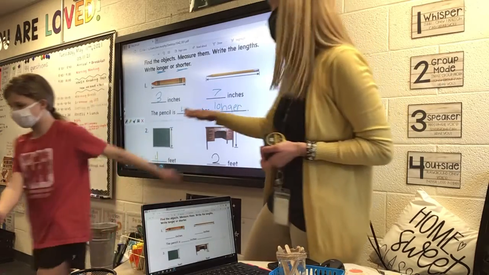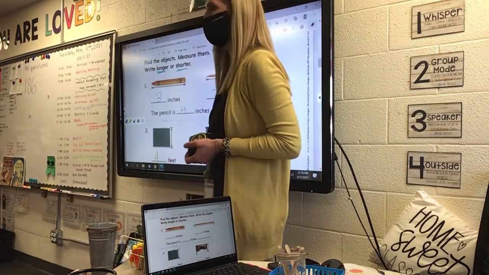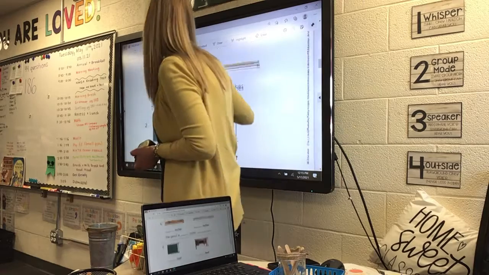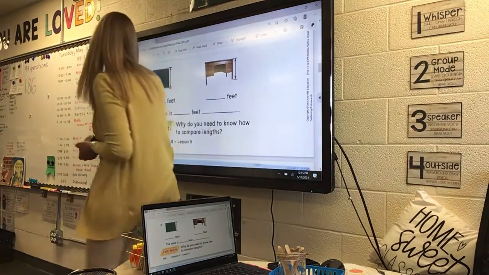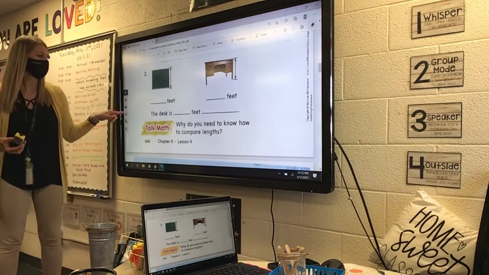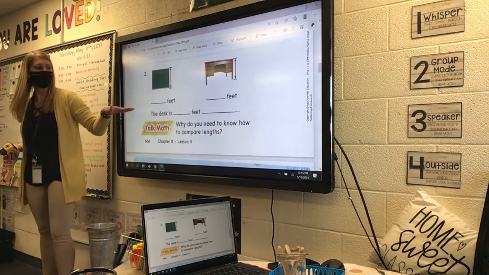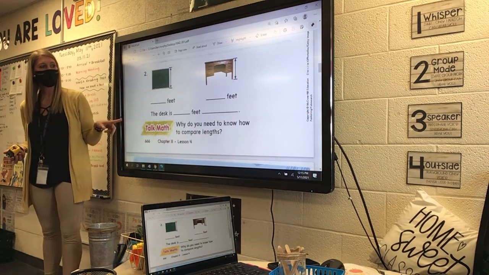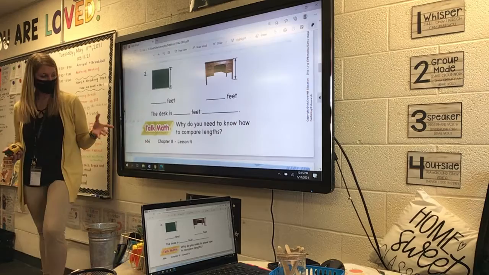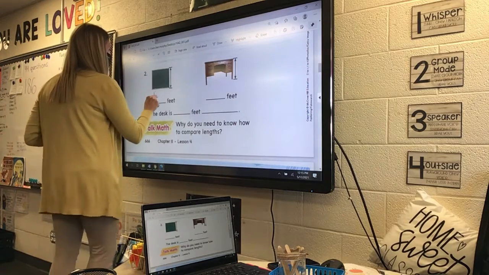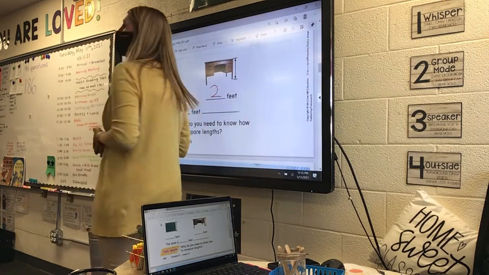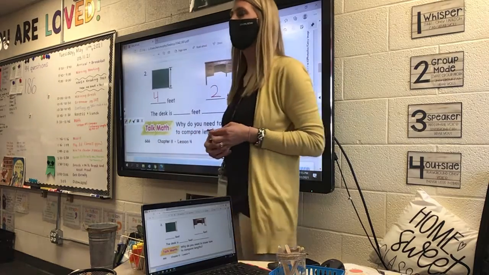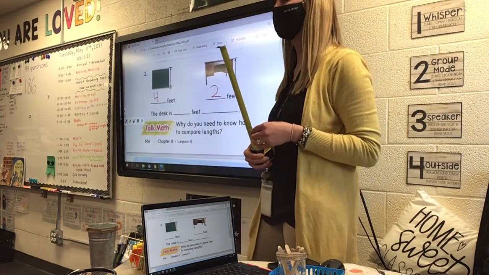Okay, so the whiteboard is 4, Mrs. Murphy's desk is 2. Now, I should have made this, sorry, kind of cut this off so I had to move it up. So if the desk is 2 and the whiteboard is 4, what's the difference when I subtract them? What's the difference, Wyatt?